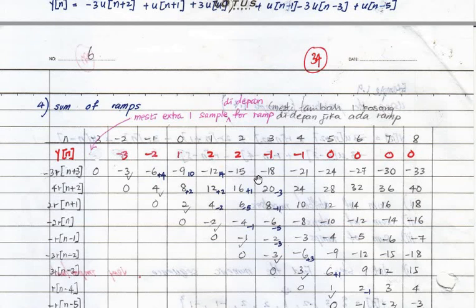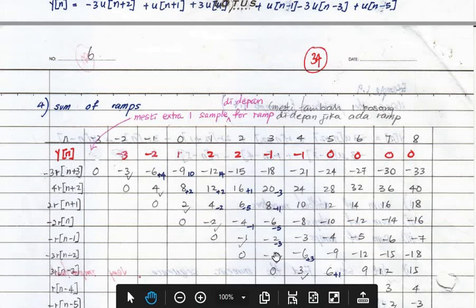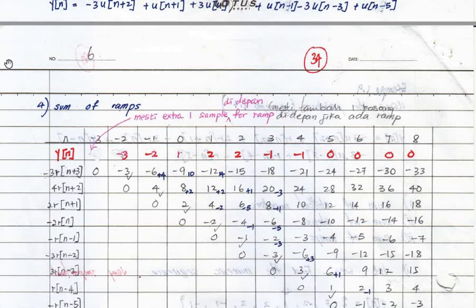You need to minus 3. So you minus 3: 0, negative 3, negative 6, negative 9, negative 12, until the sample limit.